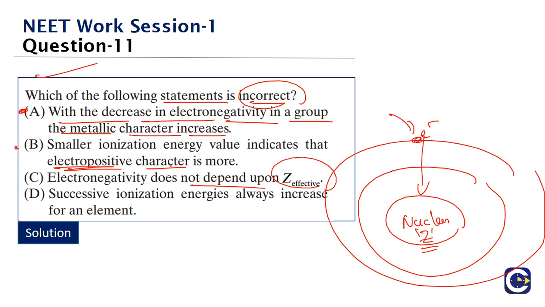Why? Because there will be repulsion acting on the electron from the electrons of the inner orbits as well as the other electrons in the same orbit. So the effective nuclear charge is the nuclear force acting on any electron we pick up.